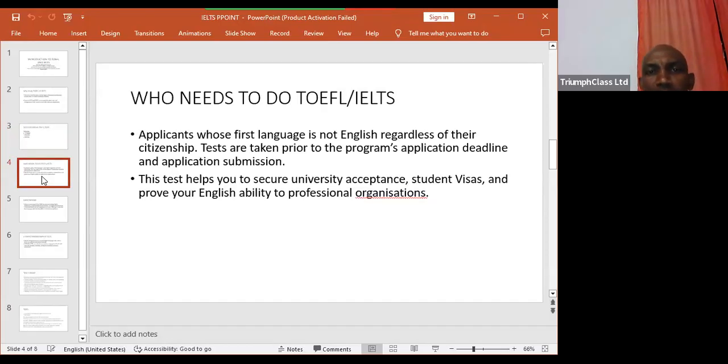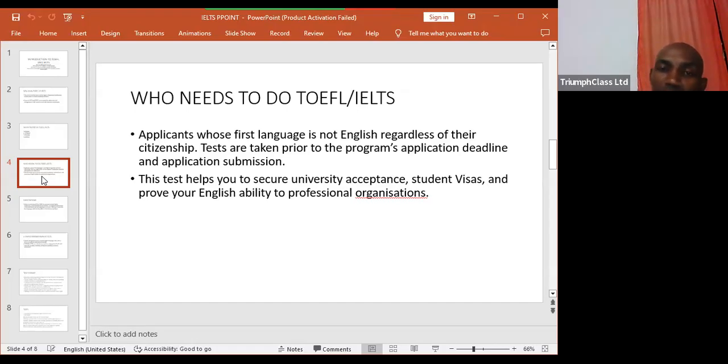Who needs to do TOEFL or IELTS? Like I've already told you, we have students who are applying for higher education in universities. We have people applying for citizenship, those are immigrants. And we also have people who want to be multilingual.